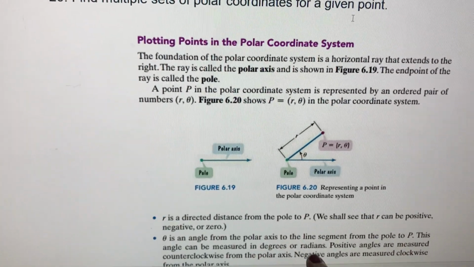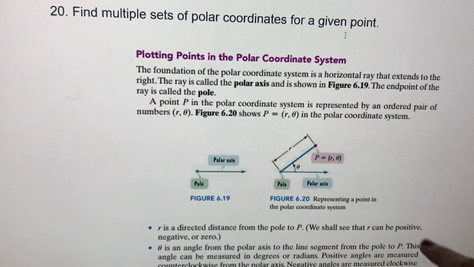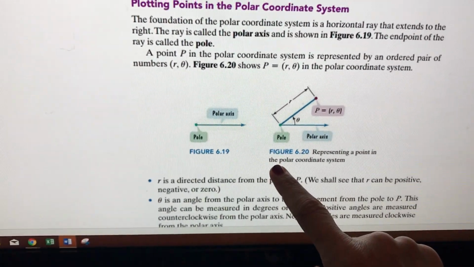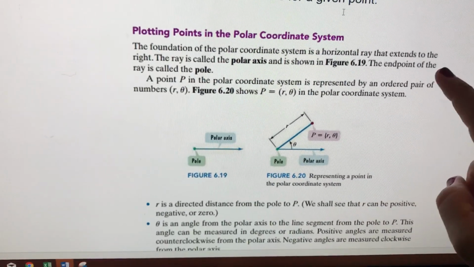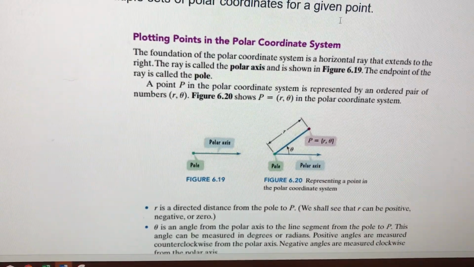It can be measured in degrees or radians. Positive angles are measured counterclockwise, something we're kind of used to. And if the angle is negative, it goes clockwise from that polar axis.